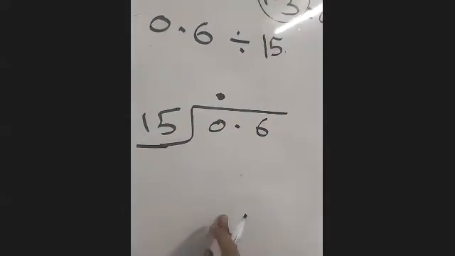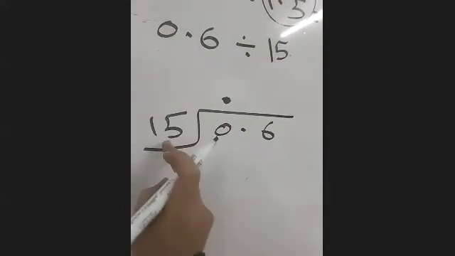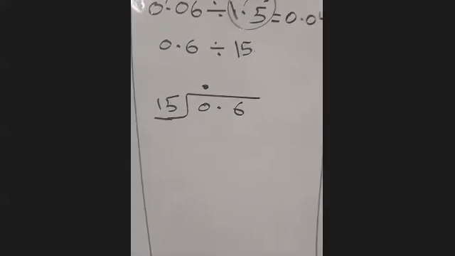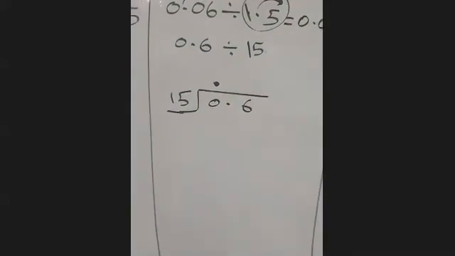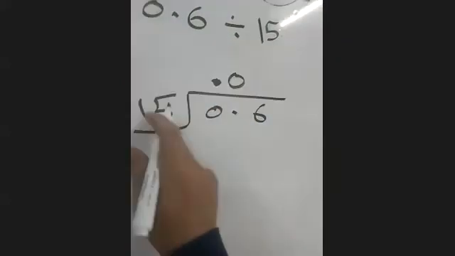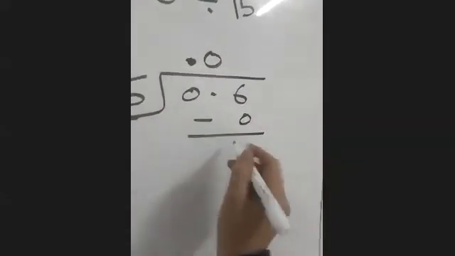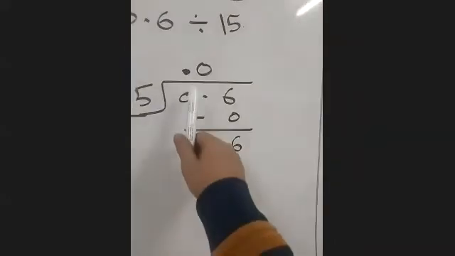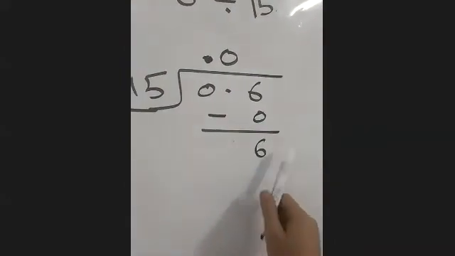Now 6 divided by 15, how much? 6 is less than 15, right? So we put 0. 0 by 15, 0. Subtract from 6. But because we have a decimal, we can add 0 beside the 6.